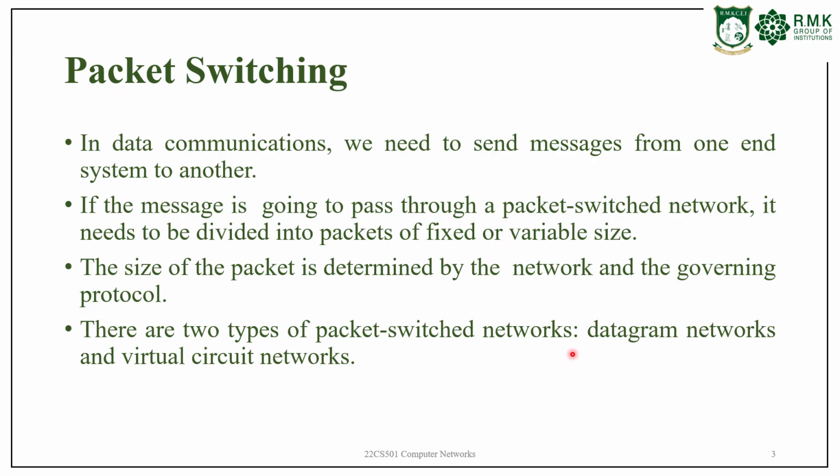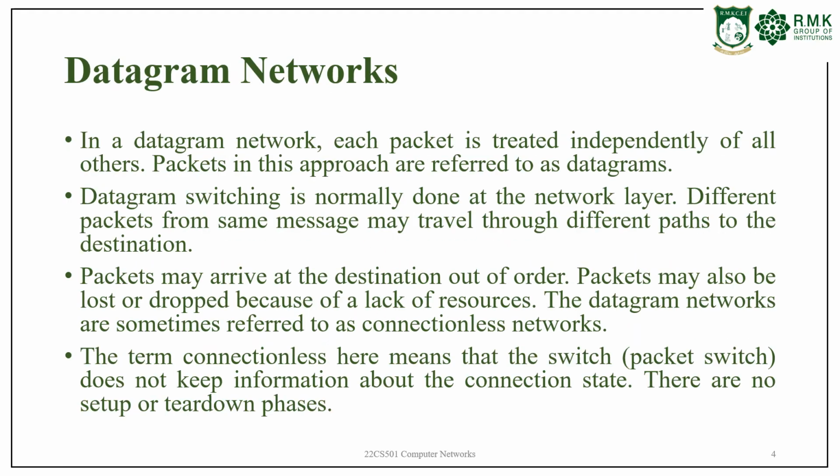There are two types of packet switched networks, as I already told: datagram networks and virtual circuit networks. First one is the datagram networks. In a datagram network, each packet is treated independently of all others. Packets in this approach are referred to as datagrams.